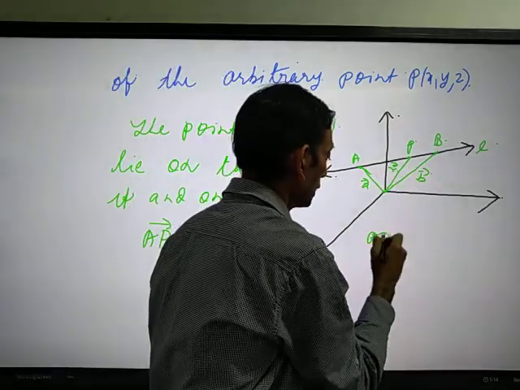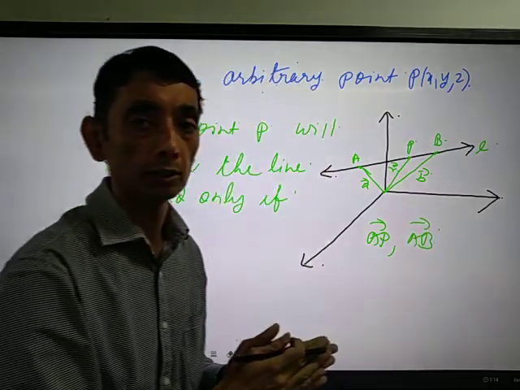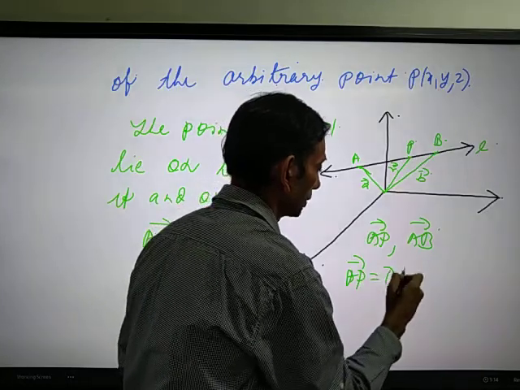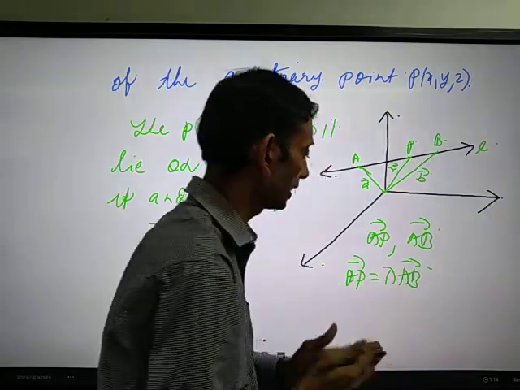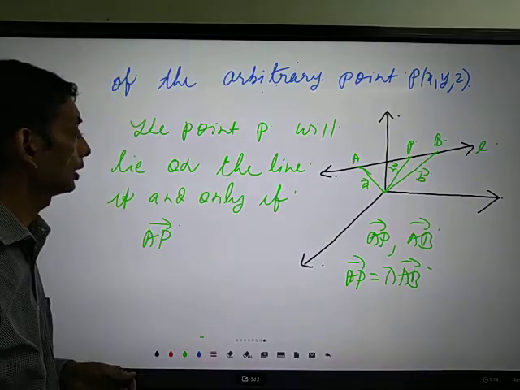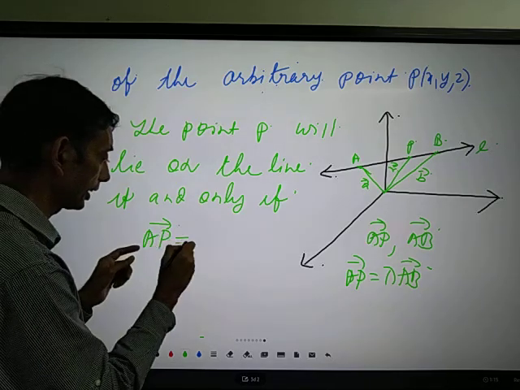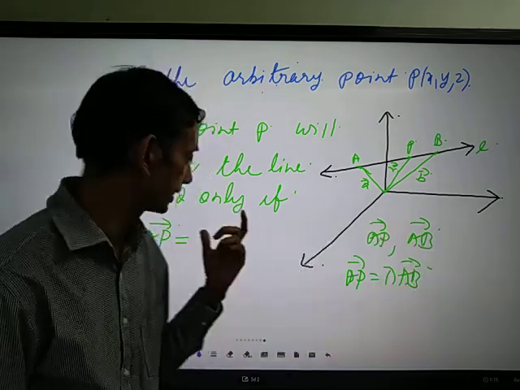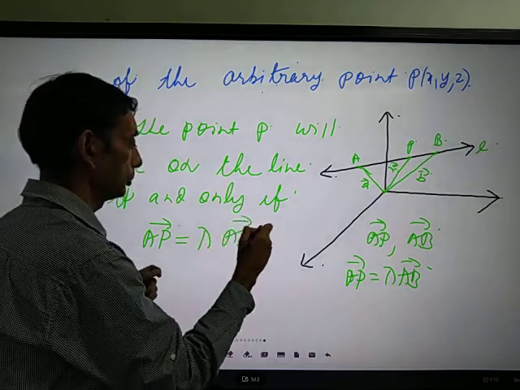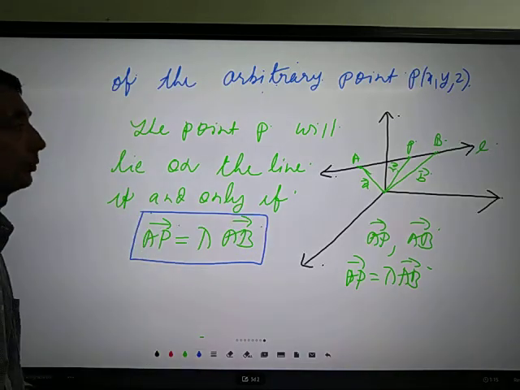In case AP and AB, these two vectors are collinear, so you can just write one vector in terms of the other. So you can just write AP is equal to lambda AB, which is very important.